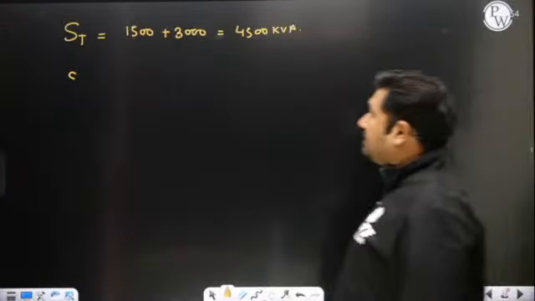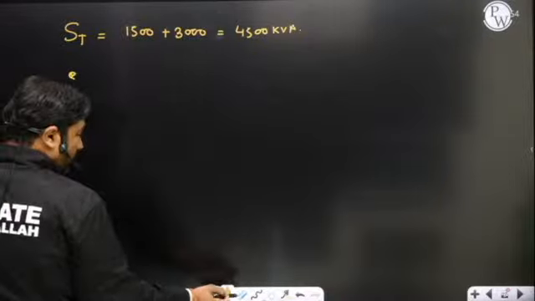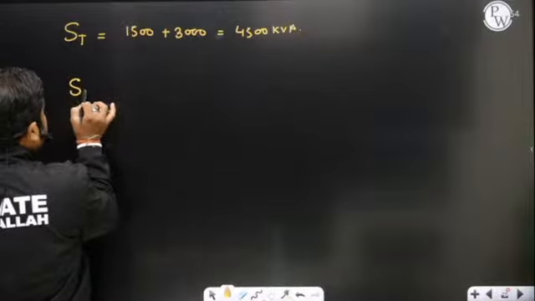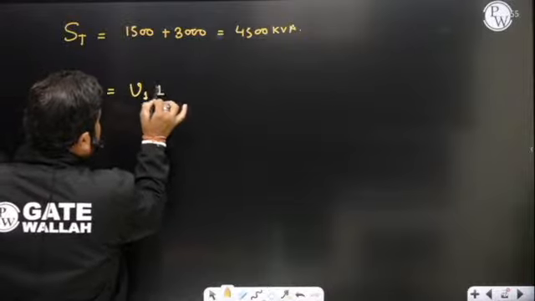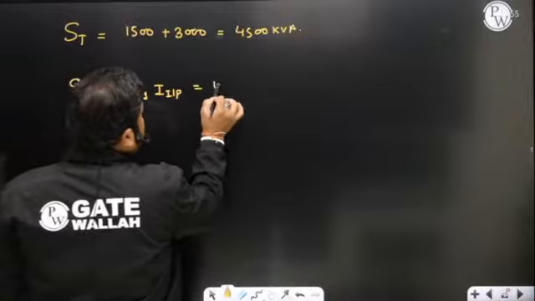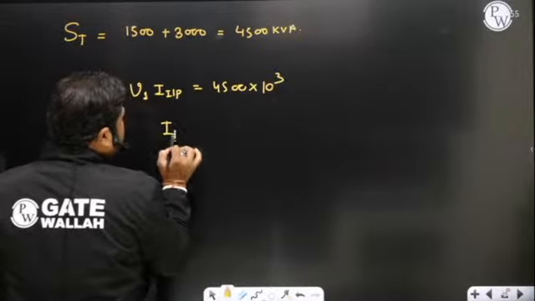So for that you can say, sir, input voltage into input current is the input kVA. So V1 into the input current is equal to 4500 kVA. What is your input current?